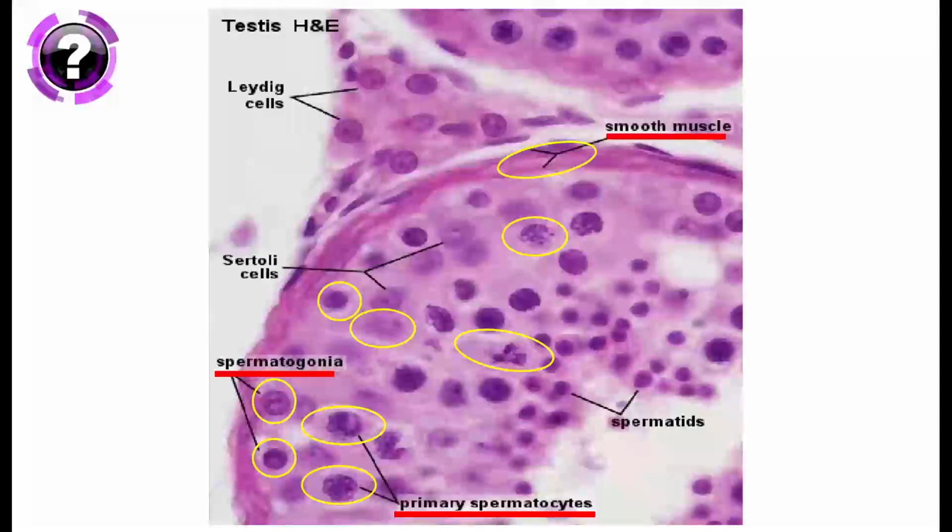They need feeding, and this feeding as a source of energy and taking care of is provided by a large cell. This large cell is called Sertoli cell or interstitial cell.